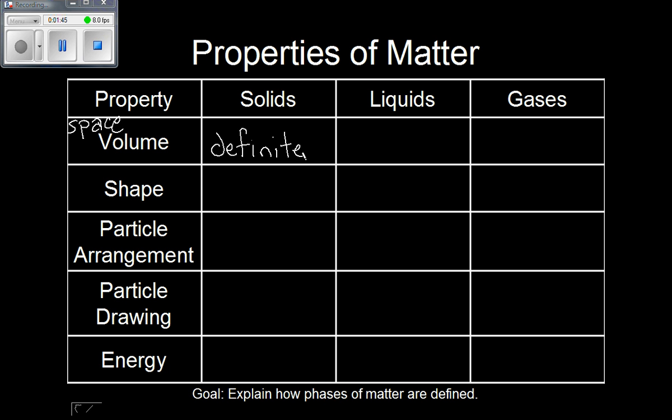I can look at the same marble again and say, does its shape change when I move it from one container to another? Again, the marble's shape, like all other solid objects, does not change just because you change the container it's in. So it also has a definite shape. The reason why solids have a definite or fixed volume and shape is because the particles are very close together and they're very organized.